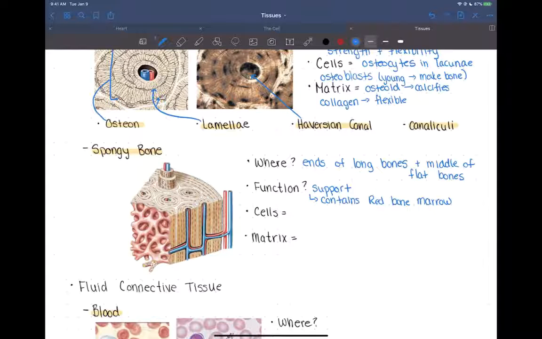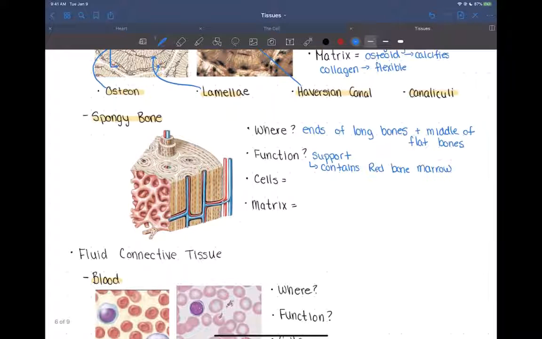Okay, so we do have cells, and you can see on this picture, if you cut open one of these little branches of the spongy bone, it has little cells dotting it, connected by little canals. The cells are osteocytes, bone cells, just like in compact bone.